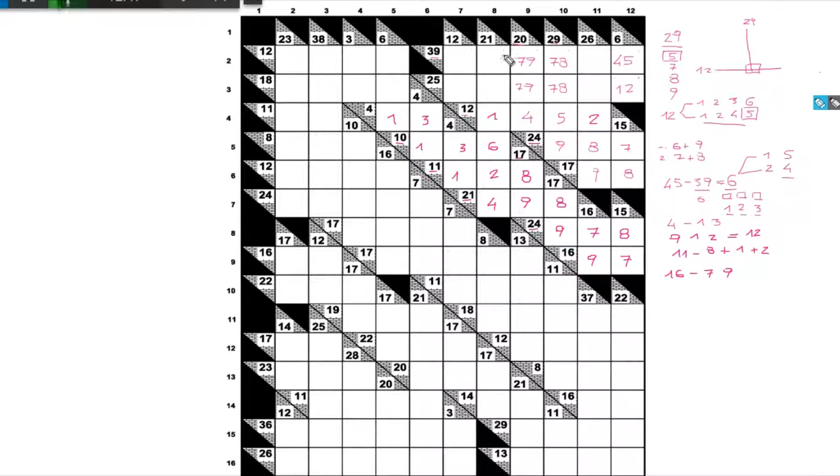And number 21 with 6 numbers, there is only one combination, and this combination will be 21 is 1 plus 2 plus 3 plus 4 plus 5 plus 6. Okay, here we have 4 numbers, and the remaining 2 numbers are 3 and 5.